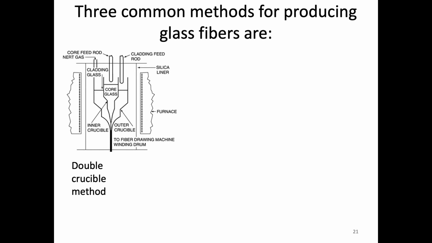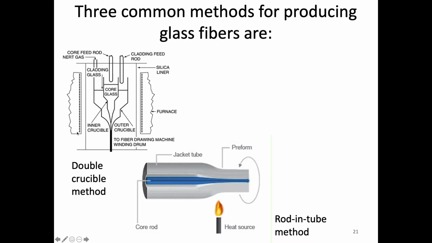And so those two are then basically dropped together such that the core glass is dropped, and then the cladding glass is dropped around it, creating that dual structure that we see and need. All of this again is inside of the crucible.